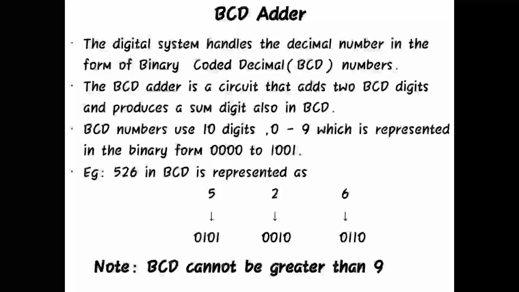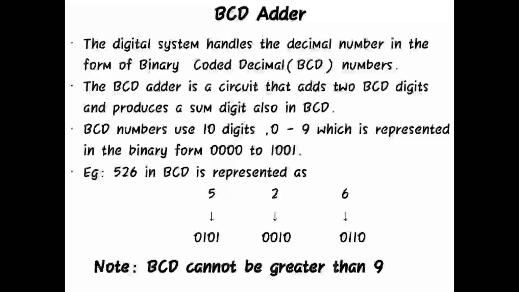The rule is that if I add these two BCD digits, the result also should be a BCD digit. BCD numbers use 10 digits, that is 0 to 9, which is represented in binary form as 0000 to 1001.